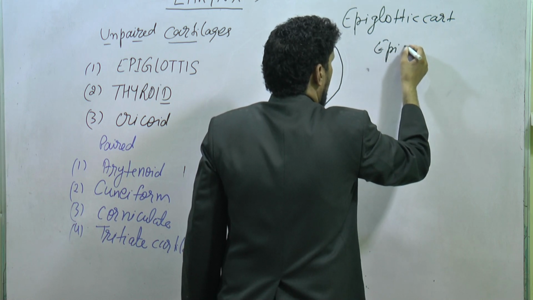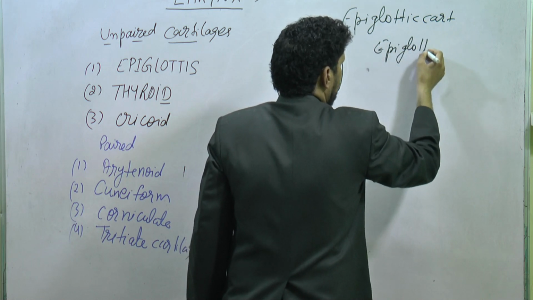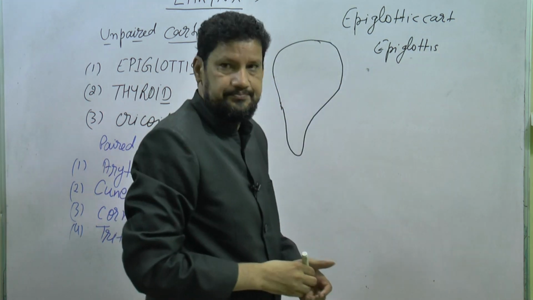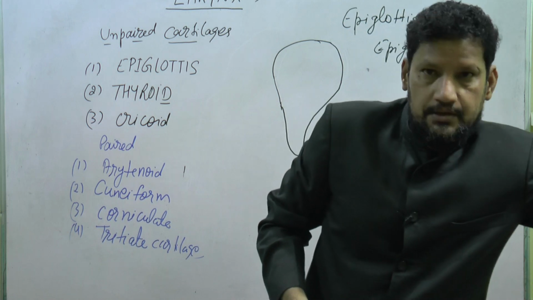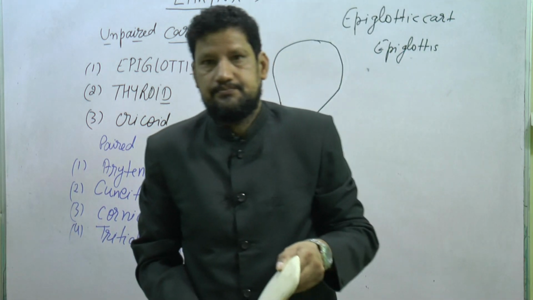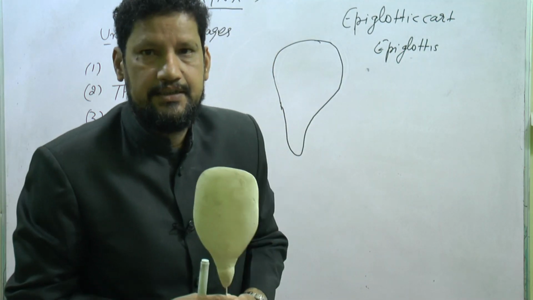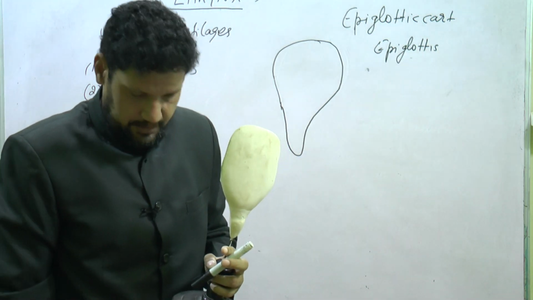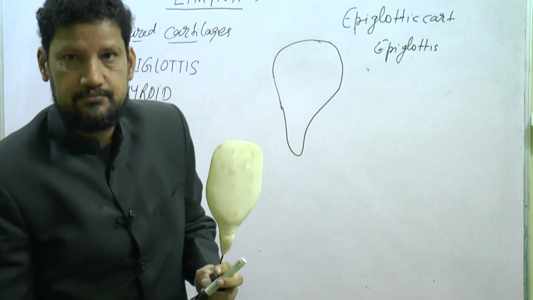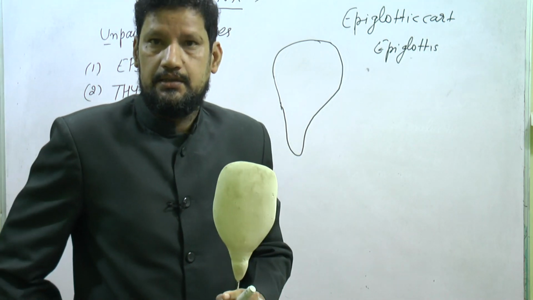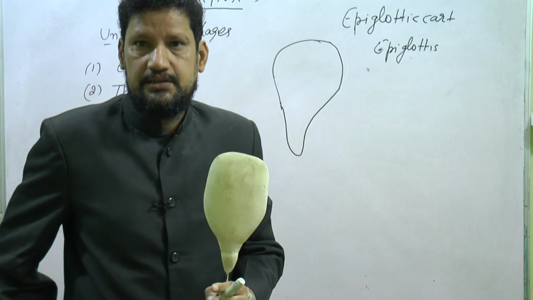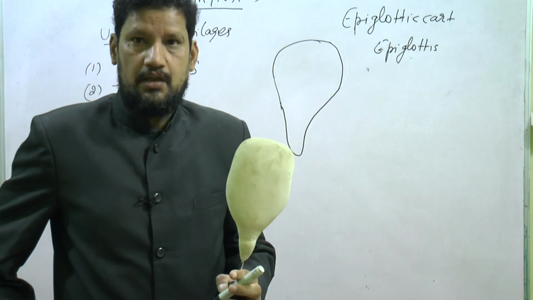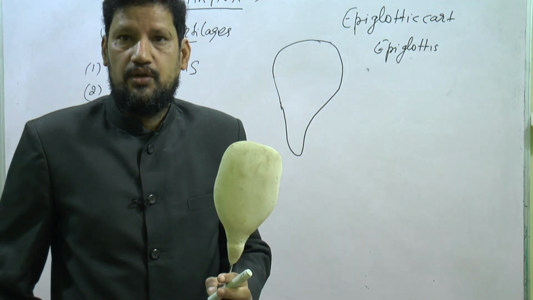Epiglottic cartilage or epiglottis is above the glottis. So in this model we will see the epiglottic cartilage or the epiglottis. The epiglottis is having upper and lower ends.